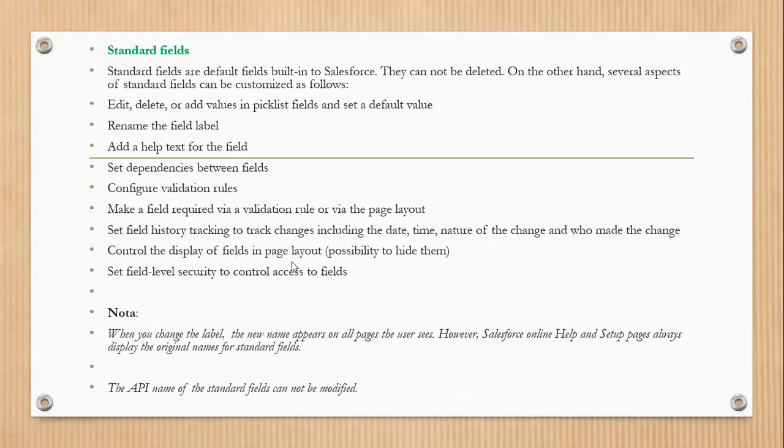Control the display of the fields in the page layout, with the possibility to hide them. Set field-level security to control access to the fields. Note: when you change the labels, the new name appears on all of the pages. The user sees the original names for the standard fields in the Salesforce online help and setup pages. The API name of the standard fields cannot be modified.